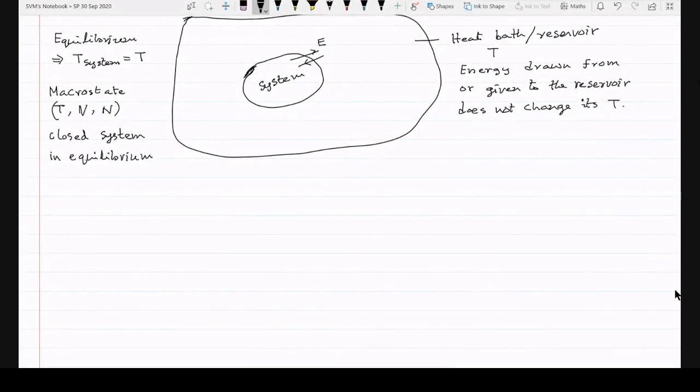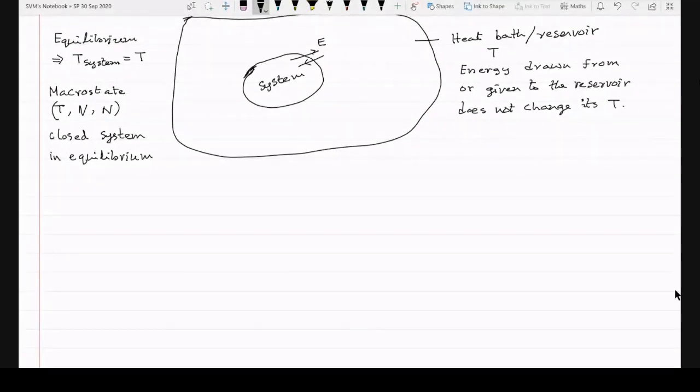Because suppose some energy is entering into the system, then the system's microstate will have higher energy. So it is not that all microstates have the same energy. Because of that, the different microstates, since they can be distinguished by labeling their energy, will not all be of the same probability.